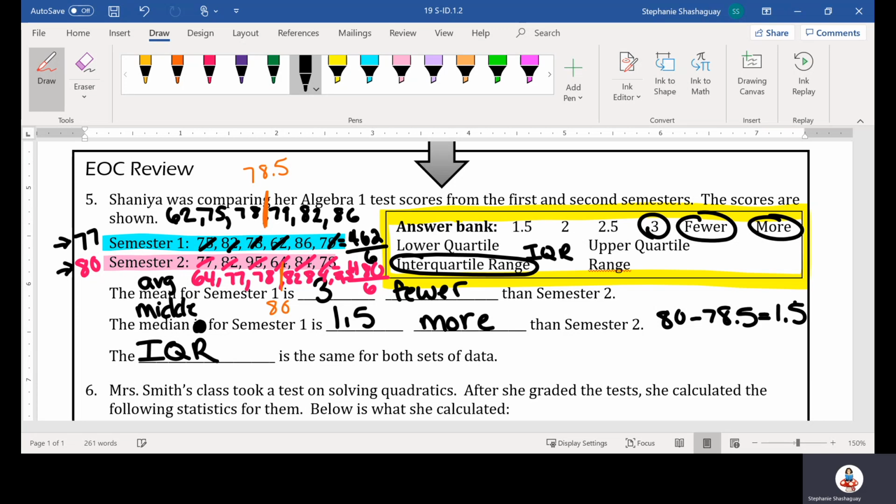When you're looking at your IQR, you're looking at from 75 to 82, and here you're looking at 77 to 84. And the difference between those two is 7 and 7. Okay.